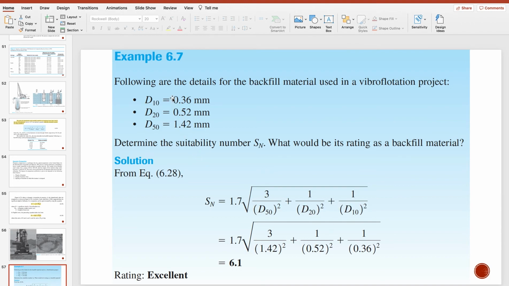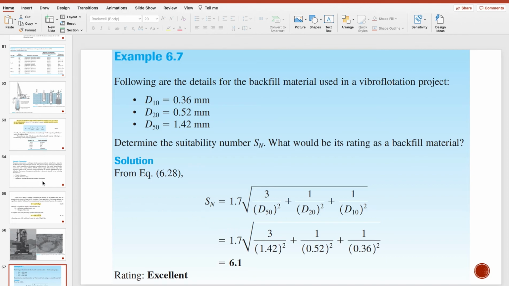Substitute 0.36 squared for D10, 0.52 squared for D20, 1.42 squared for D50. And therefore, the answer is 6.1. Okay? So my suitability number is equivalent to 6.1.